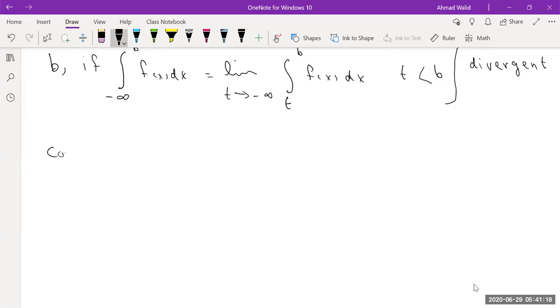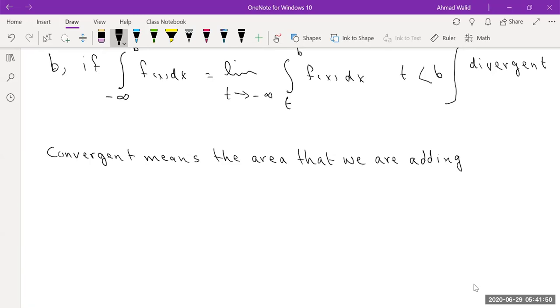Convergent means the area that we are adding gets smaller and smaller and smaller.